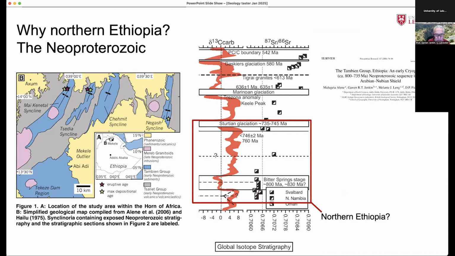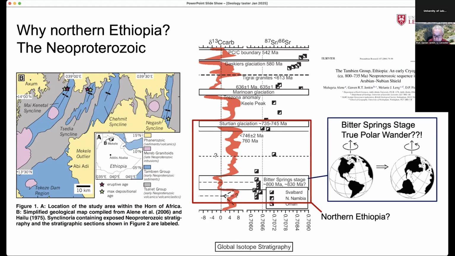So what causes the Bitter Springs stage? It's named after the Bitter Springs in Australia, where there's another sequence of the same age, but we think we have this in Ethiopia. Well, one suggestion, and it's certainly not been proved, but it's also not been disproved, is you need some sort of drastic global event.